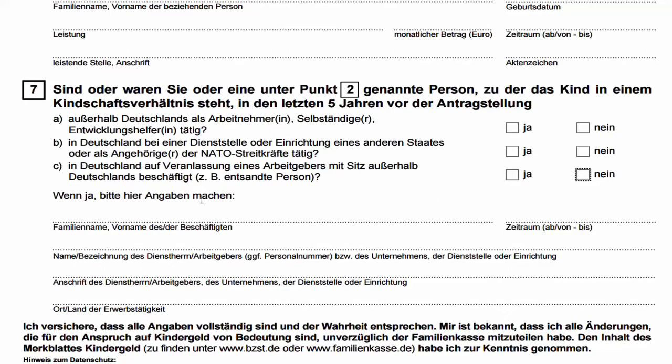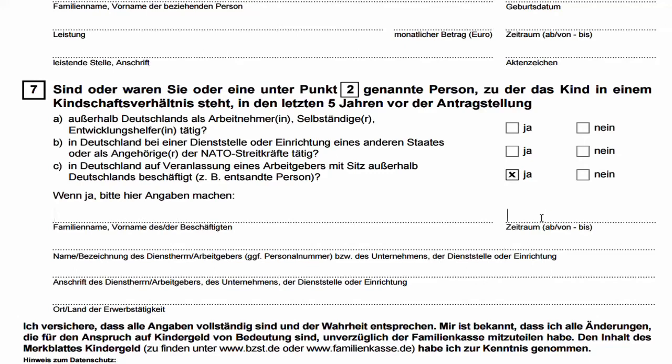If you have marked yes in one or more of the above cases, you should provide more information about them in this part here. You write the last name and the first name of the person who is employed here.